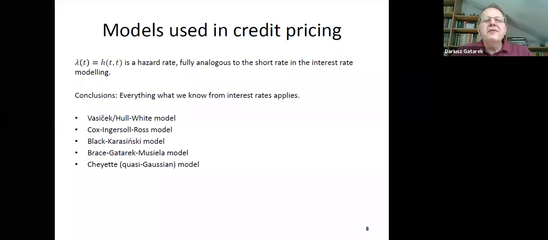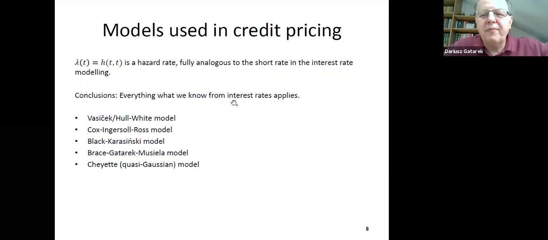So its primary function is fulfilled. And in practice the probability of negative hazard rates is very small.